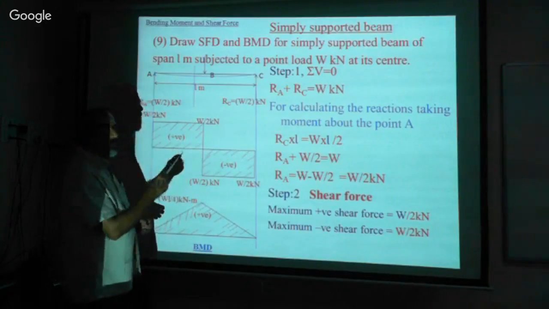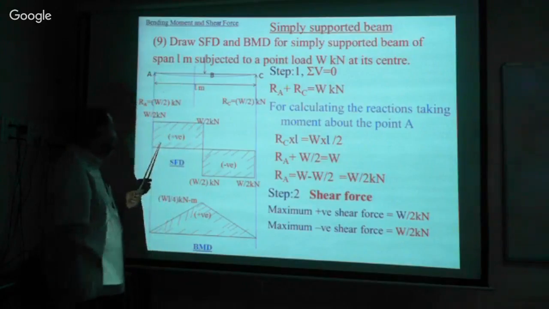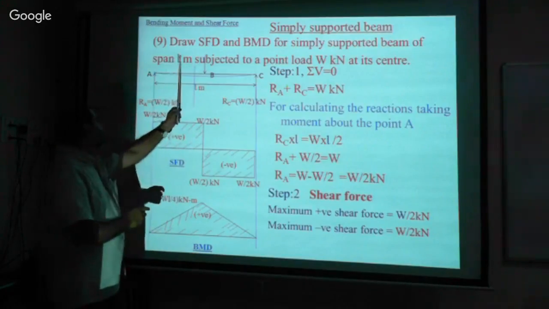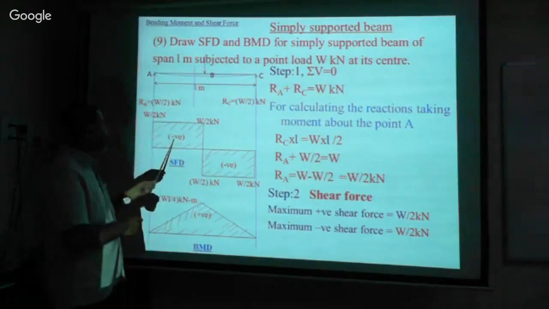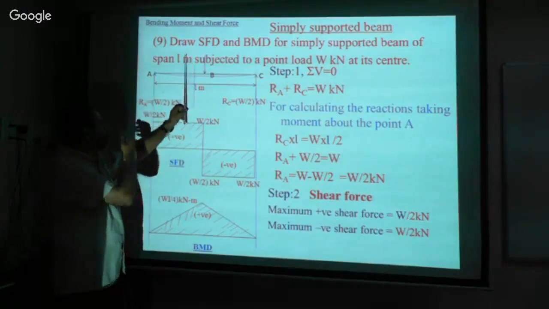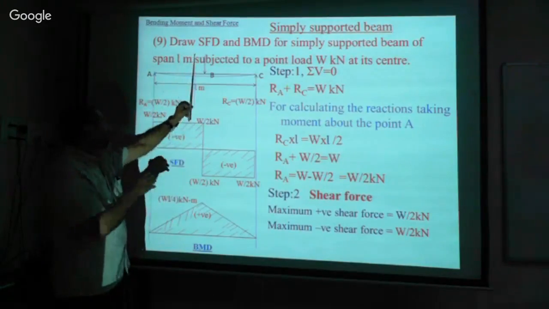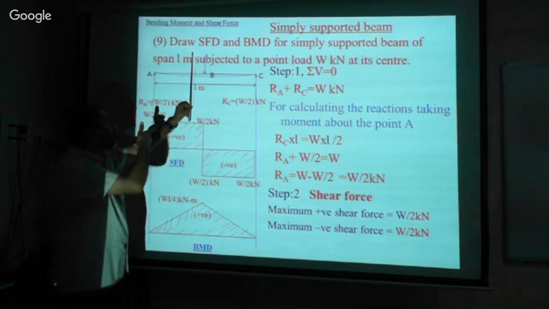This gives us the shear force diagram for the given loading on the given beam. According to the sign convention, left side section upward is positive, and on the right side it is vice versa.